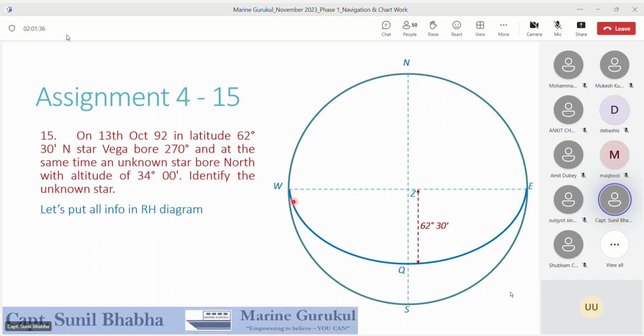So you see the equinoctial is passing from the Q point, and the equinoctial always passes from the east and west points. So this WQE, which we have on our diagram now, represents the equinoctial for this particular observer. Now, once the equinoctial is there, we can also show the pole. In this case, the observer is in the north hemisphere.